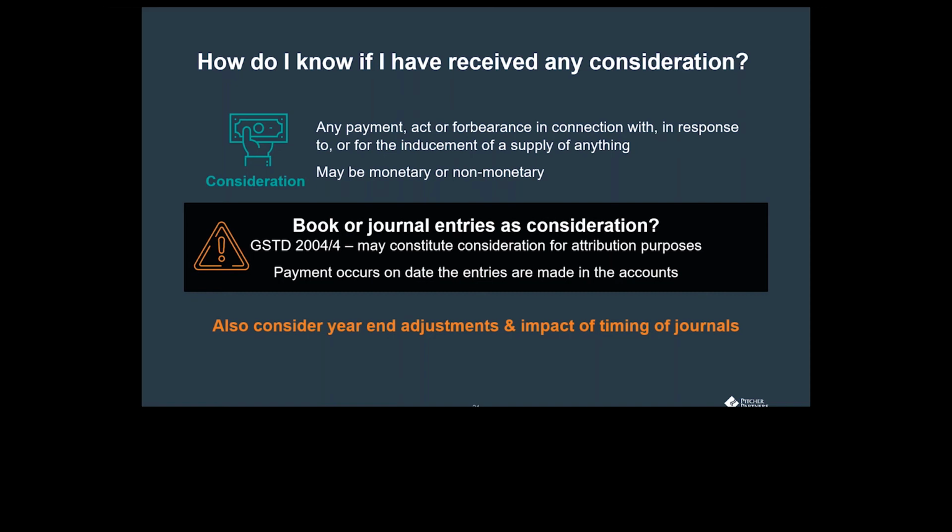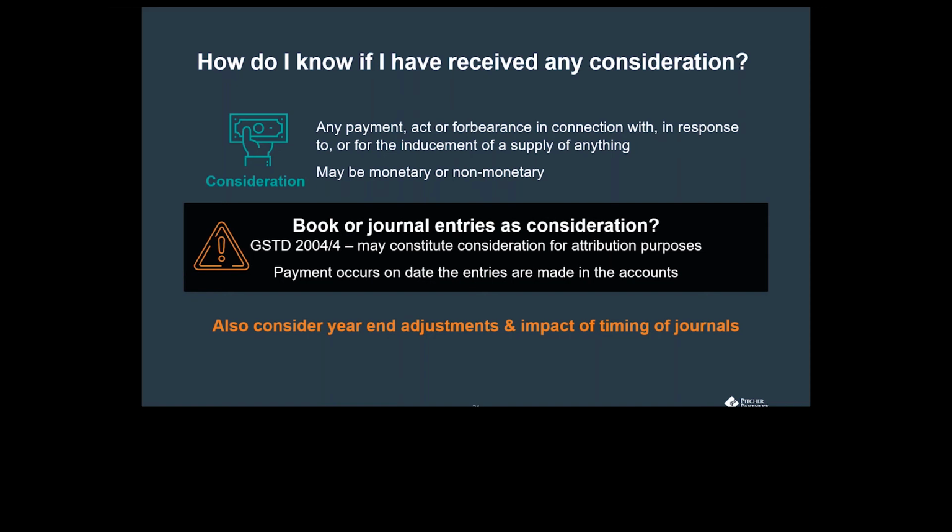So if you've received any part of the consideration for a relevant supply and you're registered for GST on an accruals basis, then you are required under the GST attribution rules and the legislation to account for the full amount of GST on that supply at the time you receive that consideration.